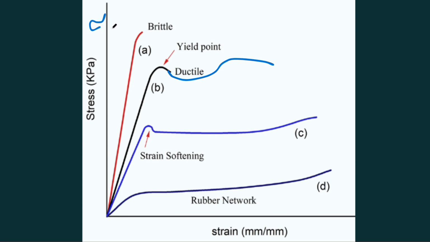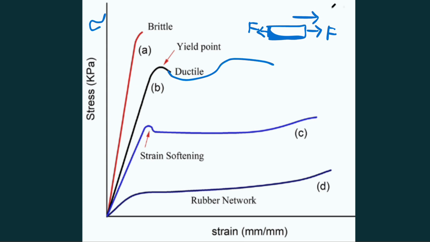Okay, and you can see brittle has really high strength, because it is straight. You need a lot of force to push the two sides of the concrete box, and you need really high force to stretch it.